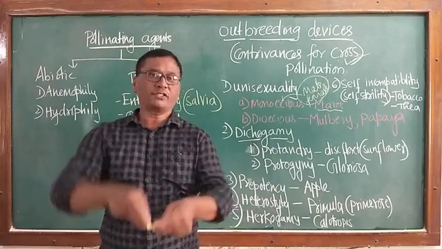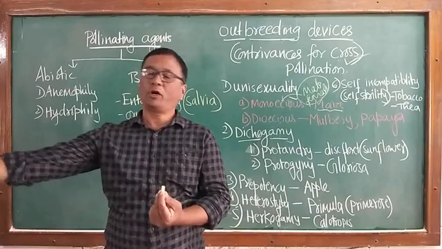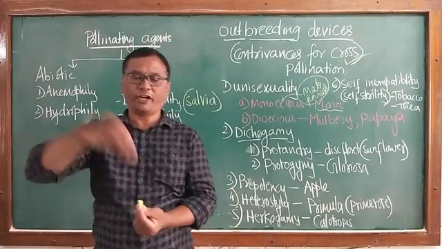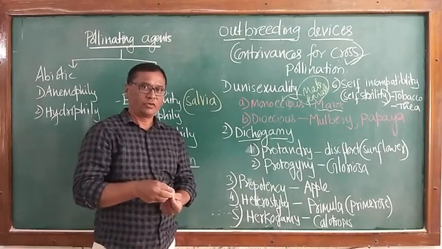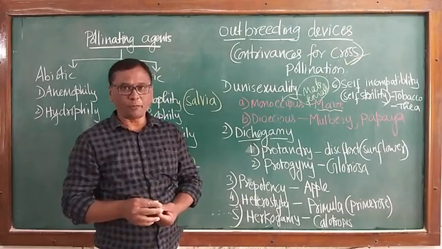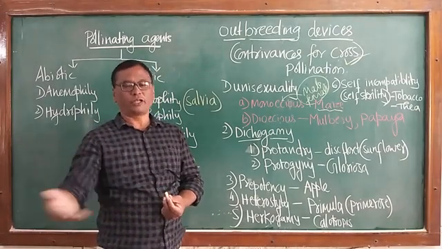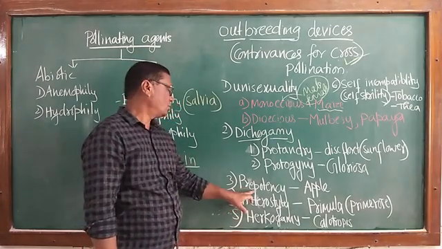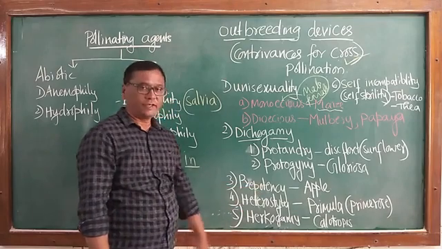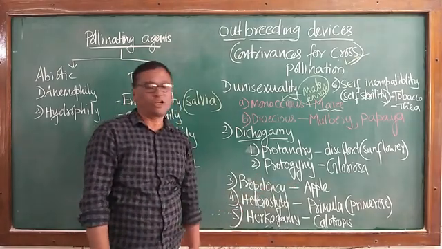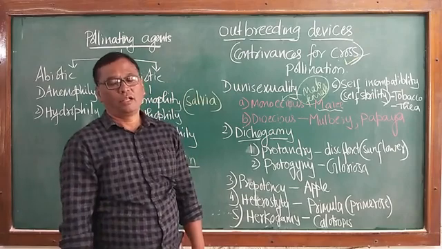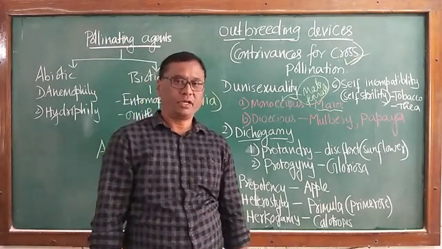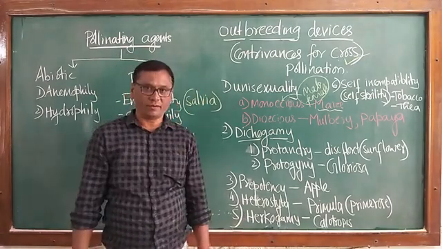So this physiological approach of the pollen grain of a different flower or different plant for its proper germination and the process of fertilization is known as prepotency, and such an example is apple.